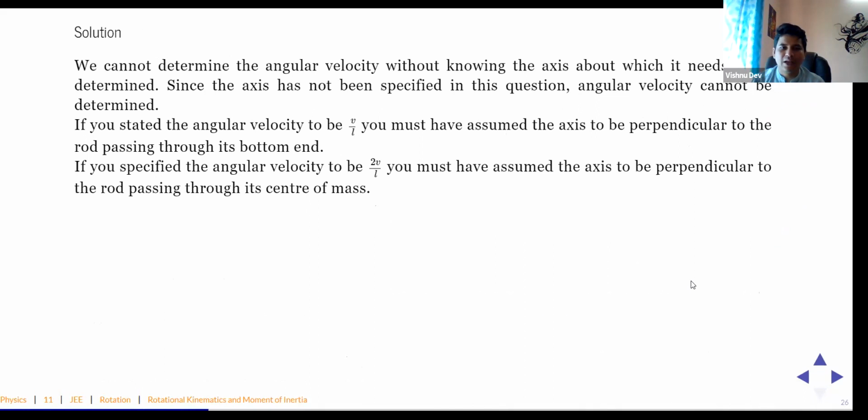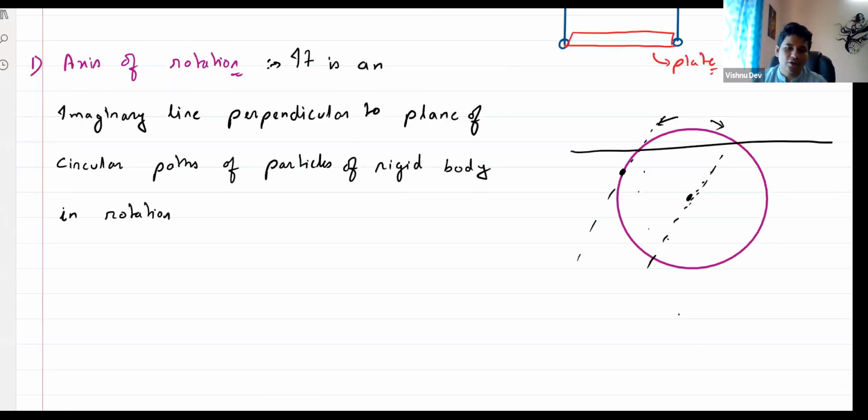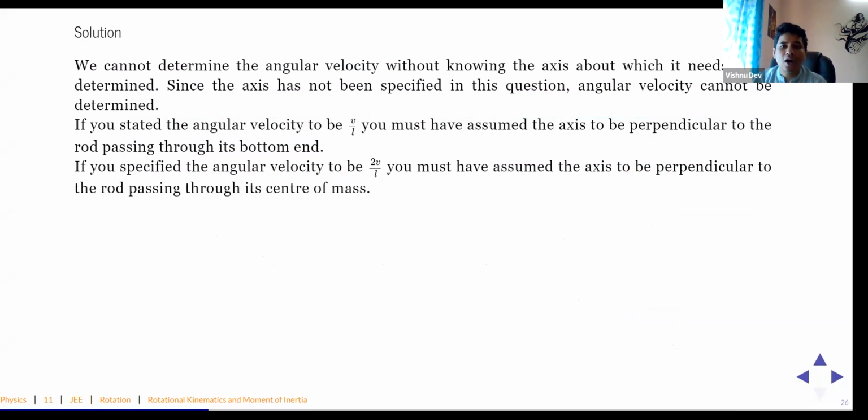Yes or no? So that is why I wrote earlier axis of rotation. The axis of rotation is not given and we cannot determine it, right? This is the concept. Did everyone understand? Yes or no? Tell me, did the concept become clear?